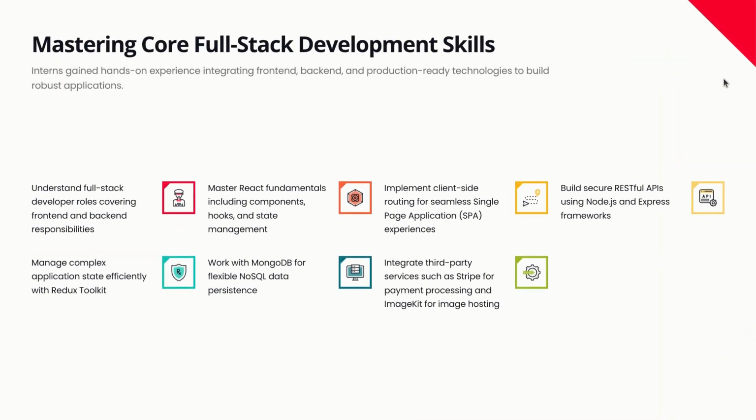The core full stack development skills we gained during the hands-on experience involved integrating front end, back end, and production-ready technologies to build a robust application. We have understood the full stack developer roles covering the front end and back end responsibilities, and we have mastered the React fundamentals using components, hooks, and state management.